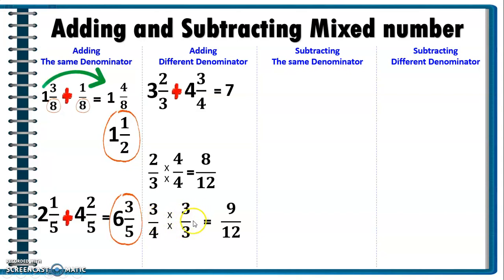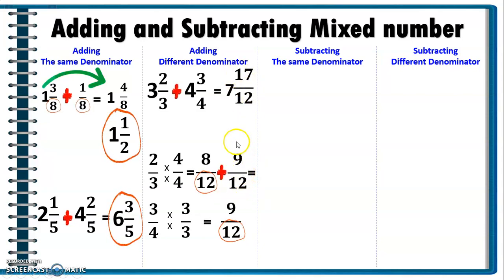Then 3 times 3 is equal to 9, and 4 times 3 is equal to 12. So now you can see they have the same denominator, which is 12, and then we can proceed to addition. 8 plus 9 is equal to 17, and keep the denominator the same.